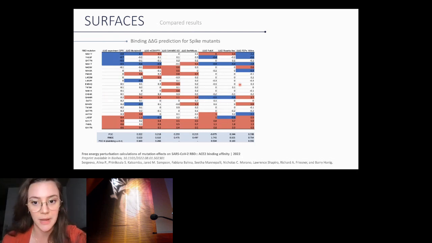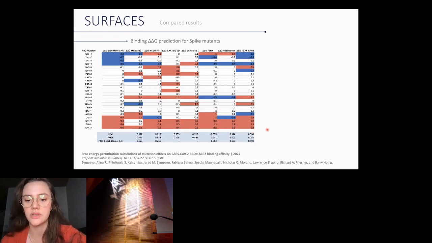Their conclusion was that this method here, a free energy perturbation evaluation based on 100 nanoseconds molecular dynamics simulations, was the best method, because they got a correlation of almost 0.6. And for their ability to classify mutations as stabilizing or destabilizing for this particular interaction, the phi was also almost 0.6.